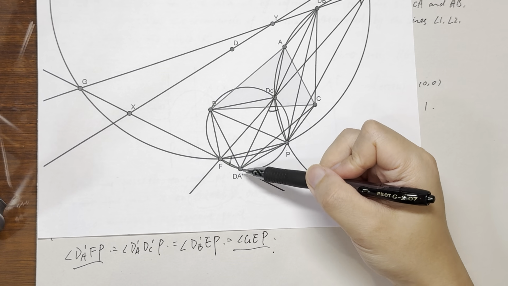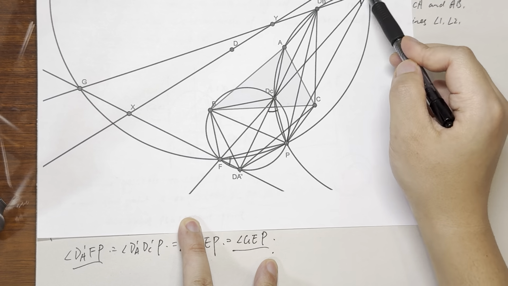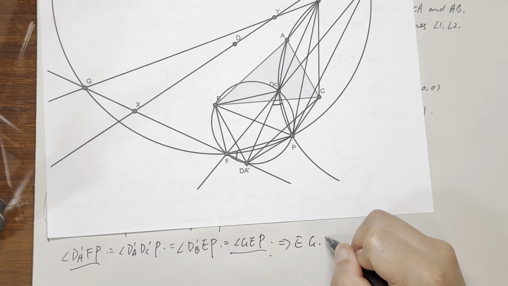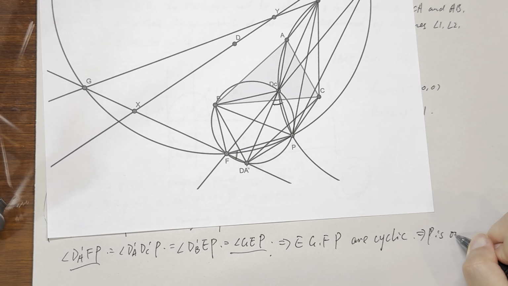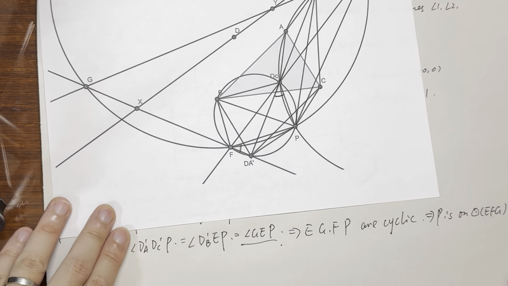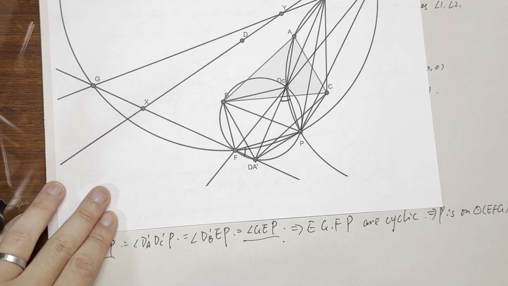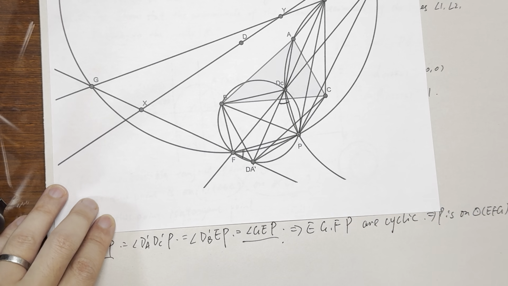Now we find that angle DA'FP equals angle GEP, which means EGFP are cyclic, which means P is on the circle EFG, right? So now we just proved that P is a common point, or at least the intersection point, of the circle ABC and circle EFG.